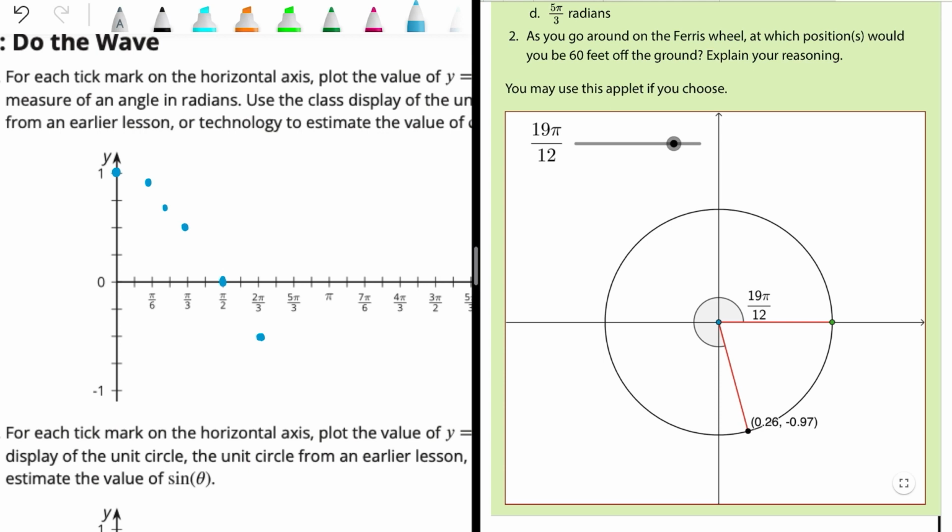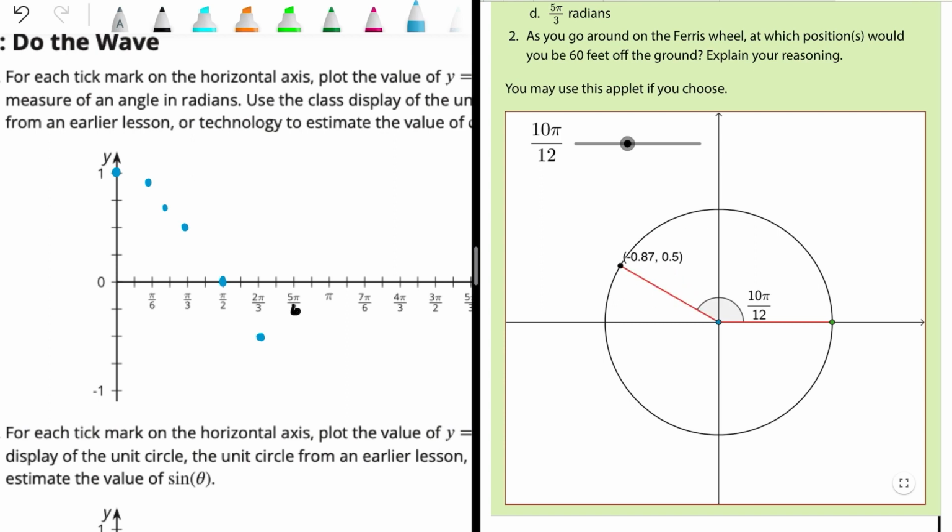That is a typo. That is supposed to say 5 pi over 6, because 5 pi over 3 is way out of there. So that is really 10 pi over 12, which makes a whole lot more sense. Okay, so let's fix that.